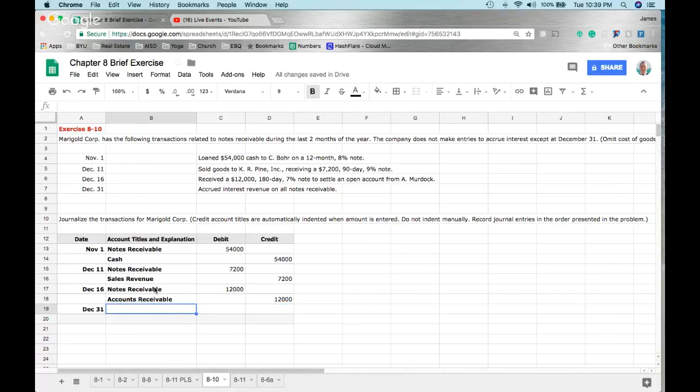December 31st, accrued interest revenue on all notes receivable. All right, this one was probably the most challenging one for me. But let's go ahead and get started. So we need to add all this up. So 54,000 times 0.08.